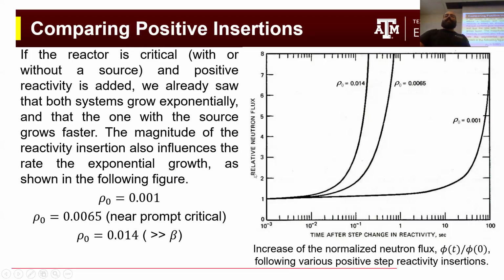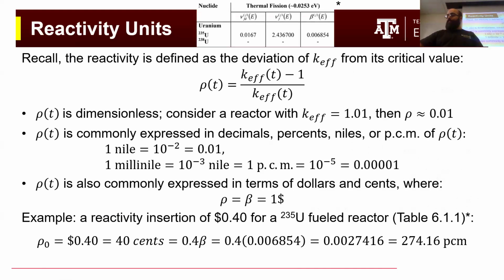If the insertion is equal to beta, then your solution is going to grow exponentially much faster. And the higher your insertion is relative to beta, the faster that exponential growth is. So 0.014 is a lot more than beta, so you get an even faster reactivity insertion. So that's how the insertion can affect things.